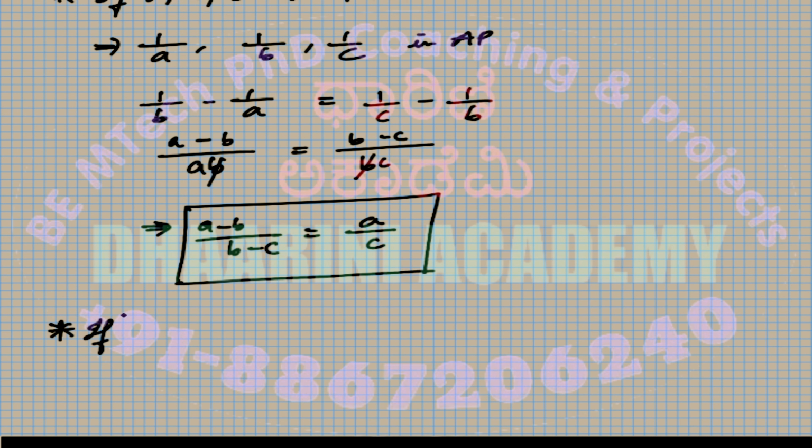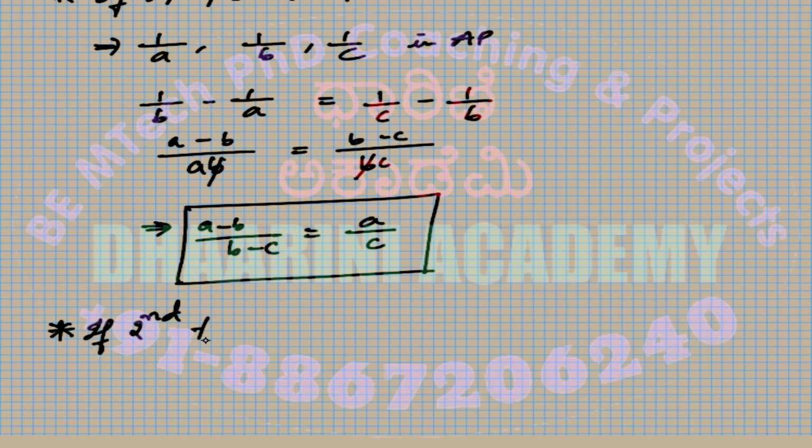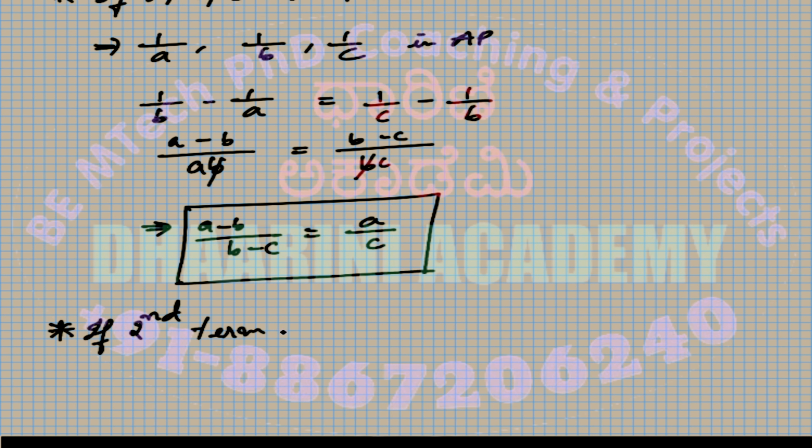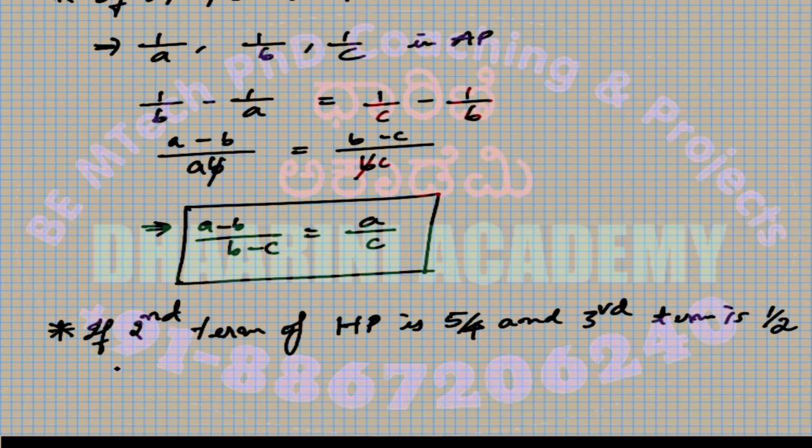If the second term of HP is 5 by 4 and the third term is 1 by 2, the question is to find the first term.